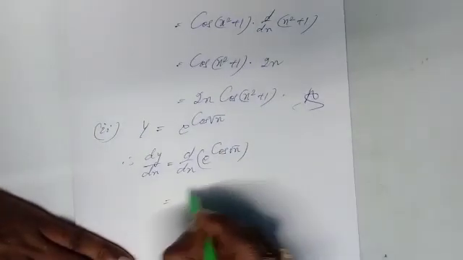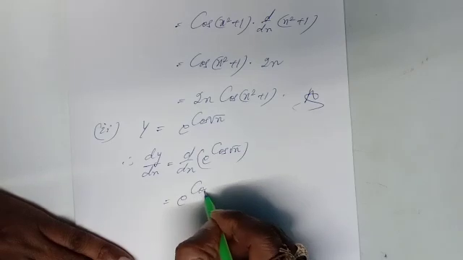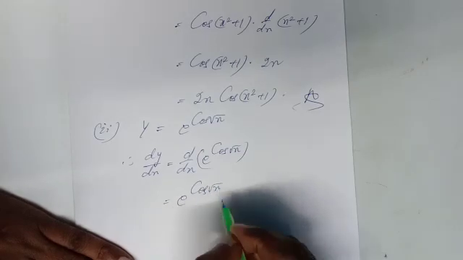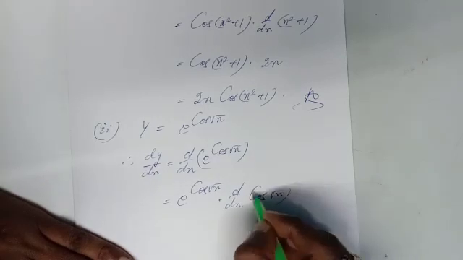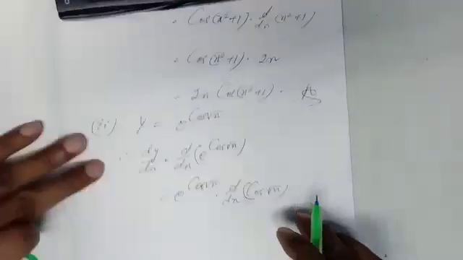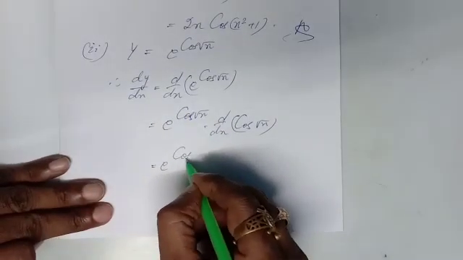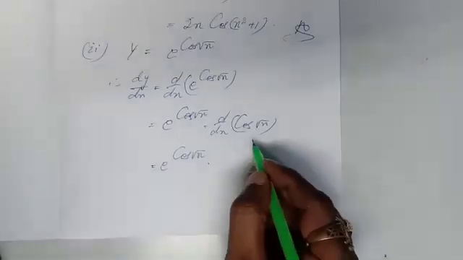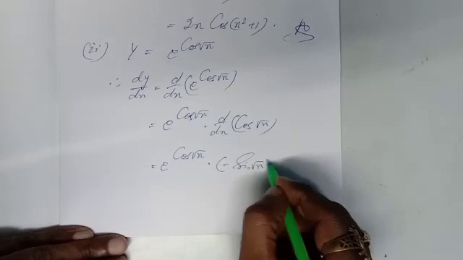The derivative of e to the power anything is the same exponential function, and again the derivative of cos of root x. The derivative of cos is minus sine. That means you write e to the power cos root x, and the derivative of cos is minus sine root x.